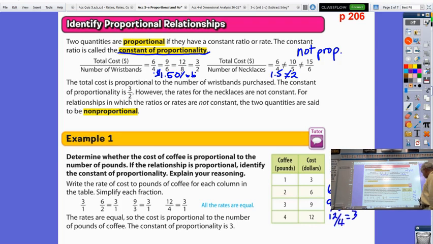These all equal 3, right? All of these ratios come out to 3. So it is proportional, okay? The constant of proportionality, that's what this ratio is. The constant of proportionality is 3, or $3 per pound, the unit rate, okay? And that's the example.